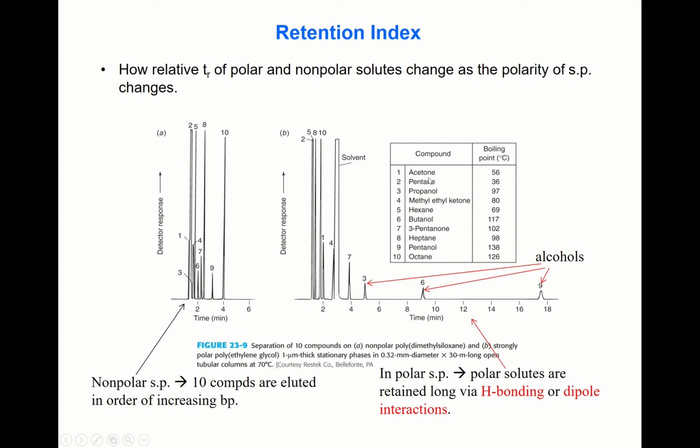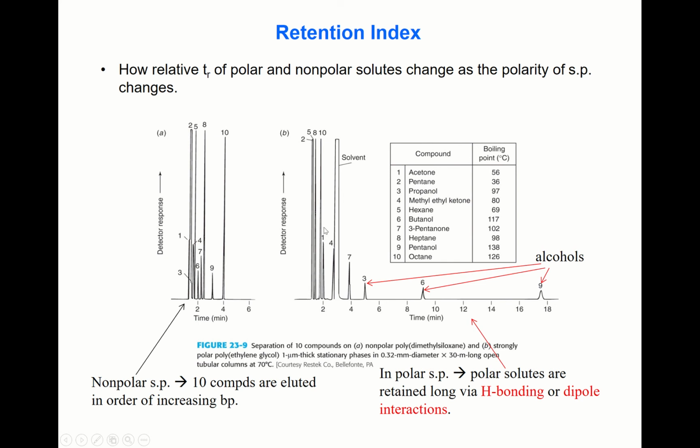Acetone and this stationary phase have no hydrogen bonding, but which interaction? Dipole interactions. Anyway, these interactions make the retention time longer. But strictly non-polar solutes virtually have no interaction with the polar stationary phase, so they come very early.